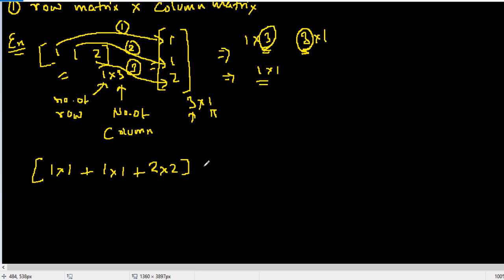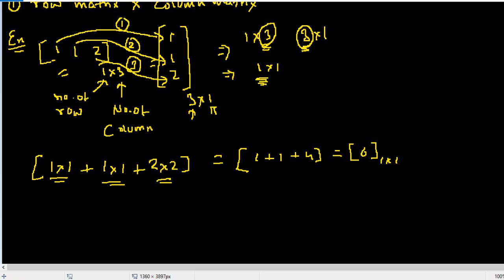After the addition, this one becomes 1, this one becomes 1, and this one becomes 4. So the answer is 1 plus 1 plus 4, which is 6, a 1 cross 1 matrix. As we see, our concept is clear from this equation.